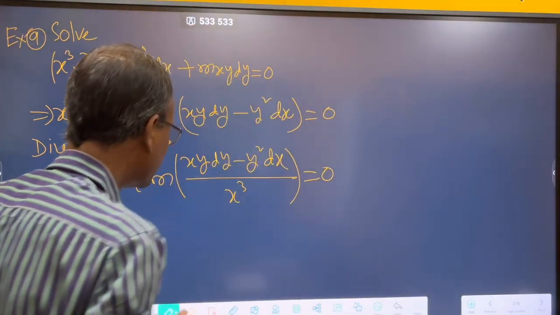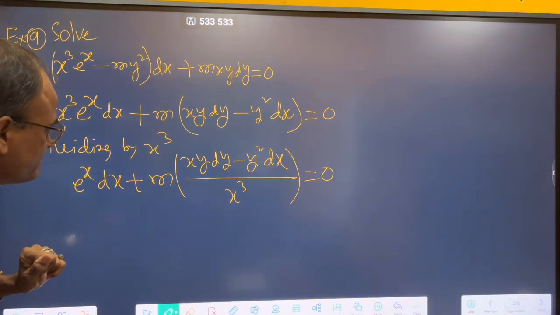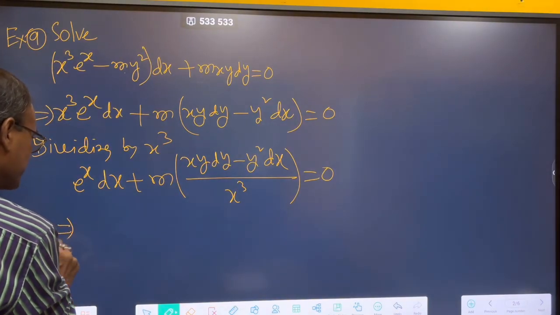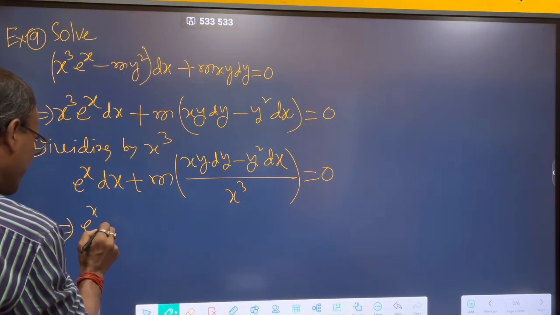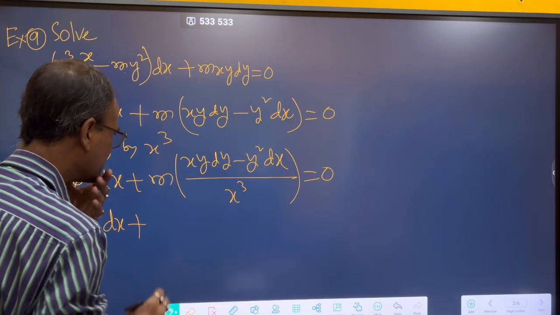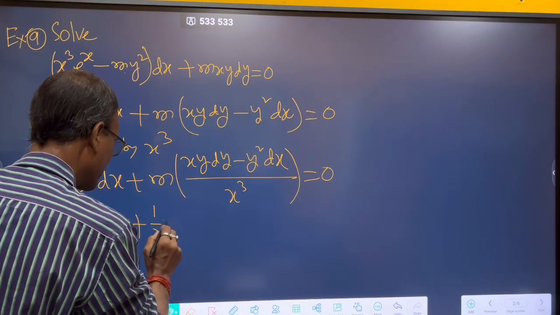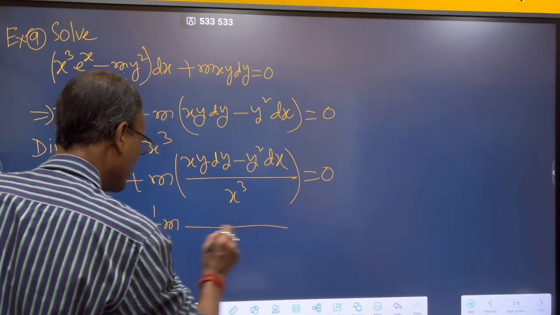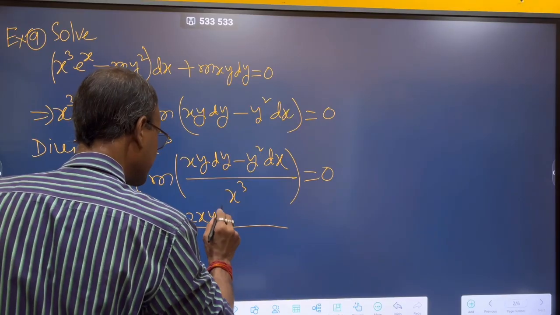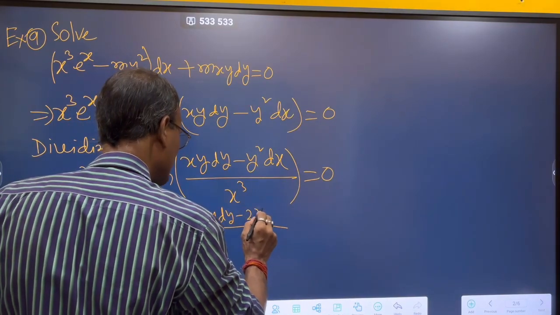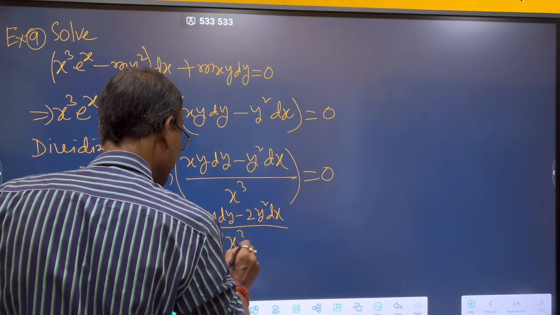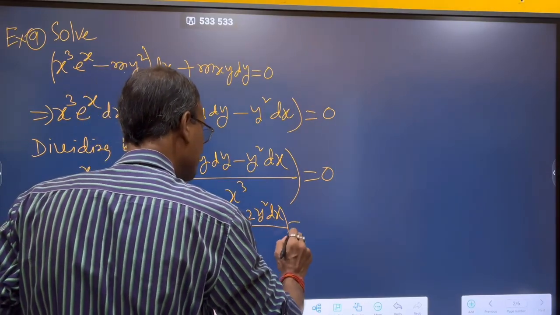Now, you see here. Now, e to the power x dx plus half of, if you write here, twice x y dy minus twice y square dx, over x cube, is equal to 0.